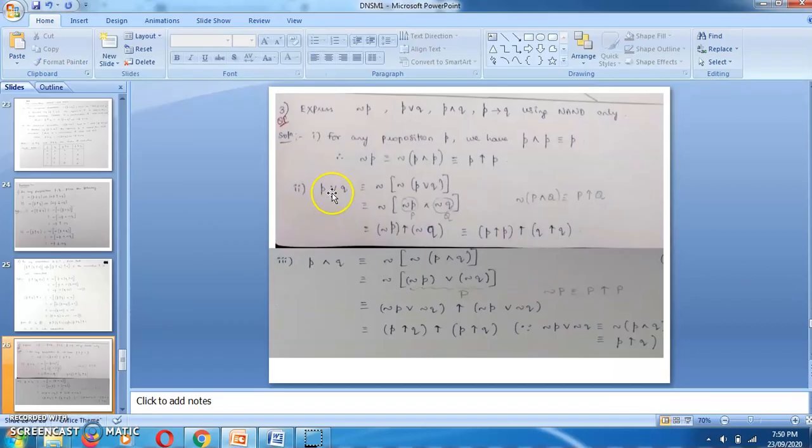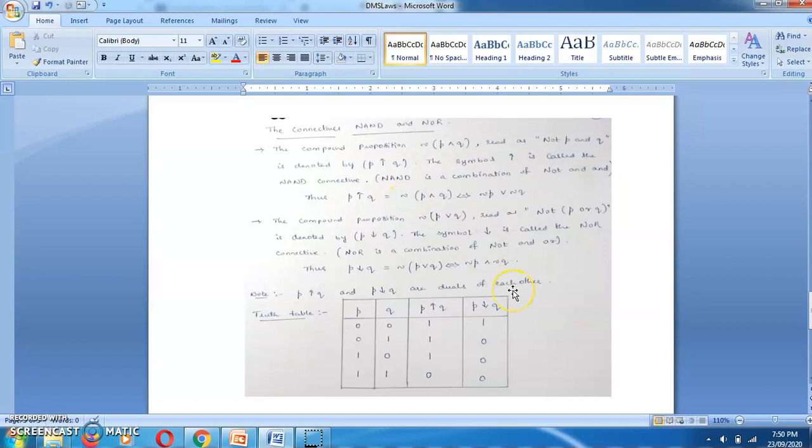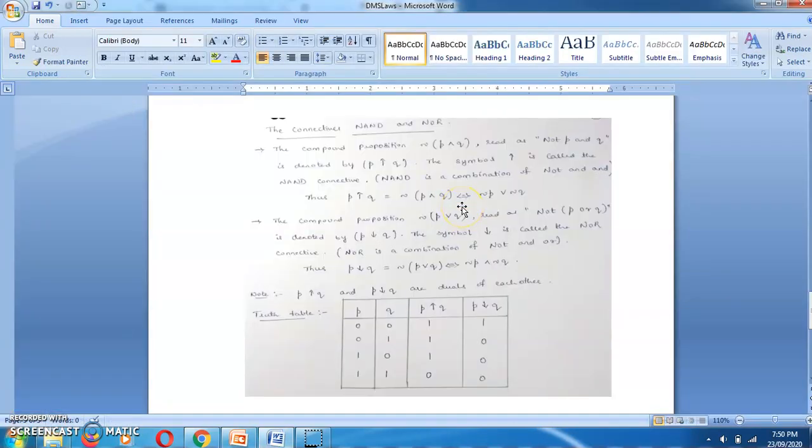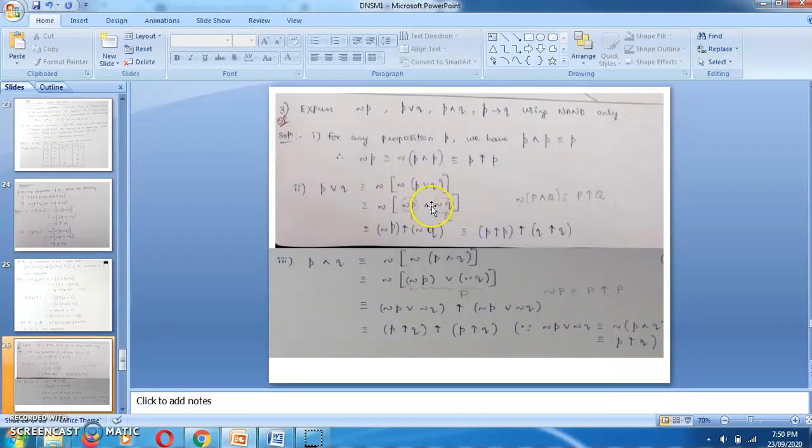For p or q, we have the form p or q, which can be written in this form, that is negation of negation of (p or q). Why is it written in this manner? Because p or q is negation of p and negation of q, so if you cancel this we get p or q itself.